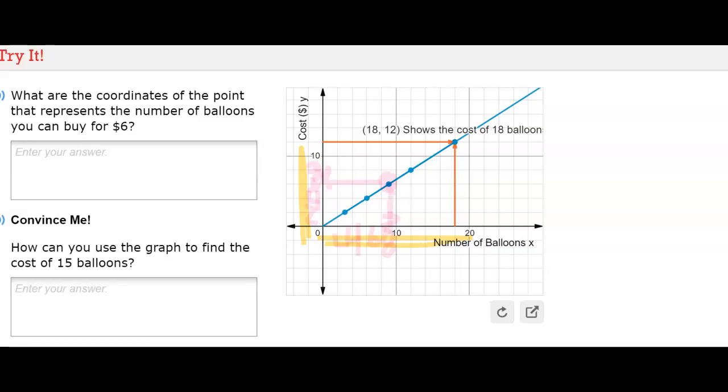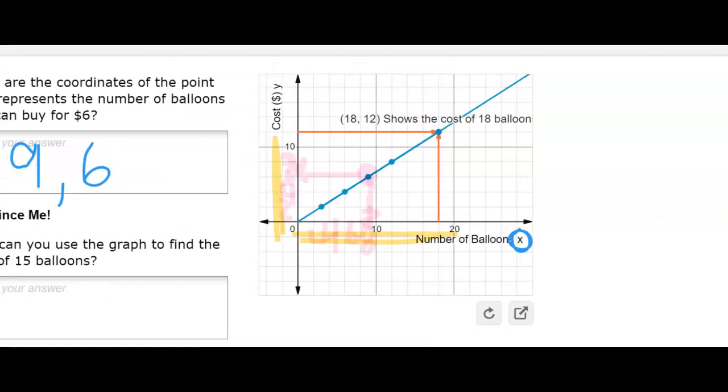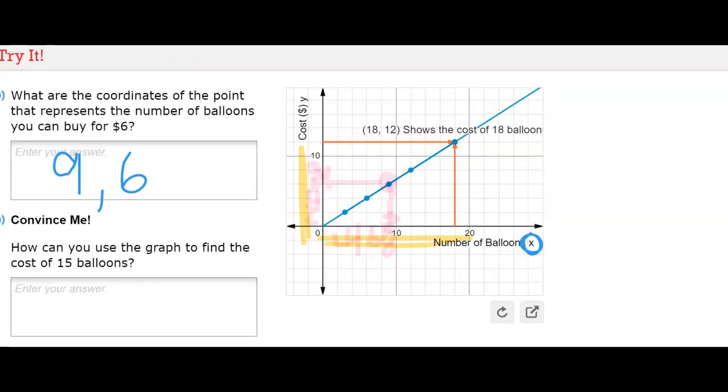So our coordinates would be 9 first and then 6, because the x comes first when you're writing your coordinates, and the second number is the y. So your x always comes first and then your y.